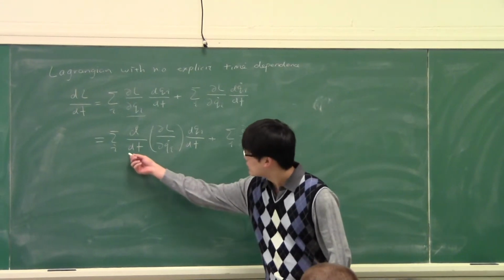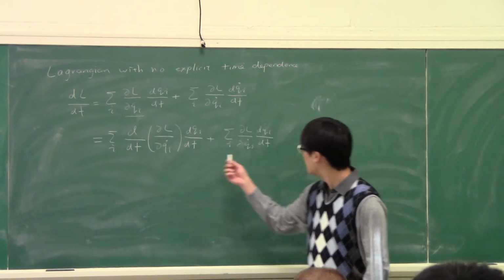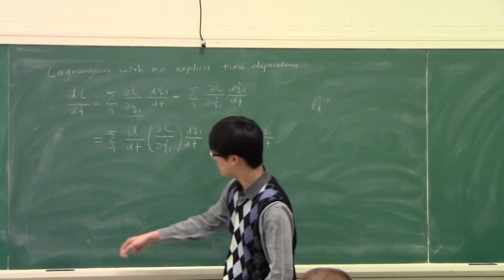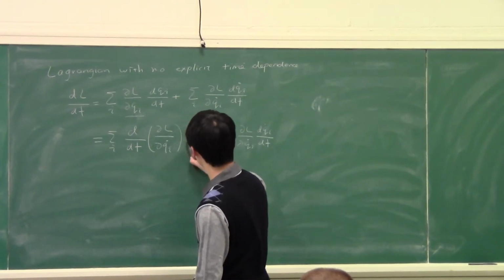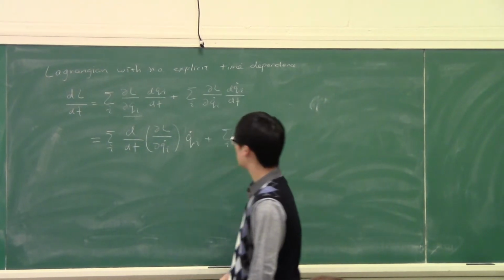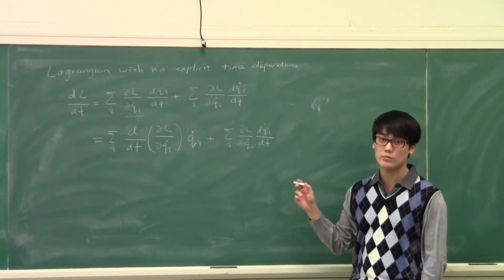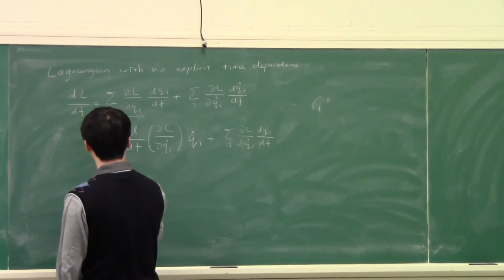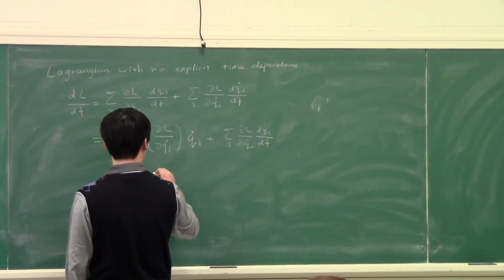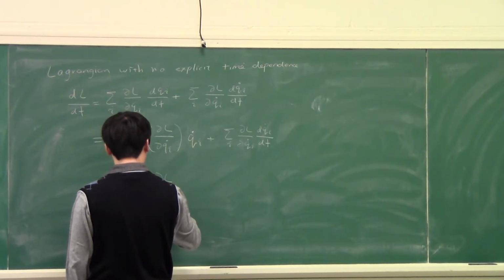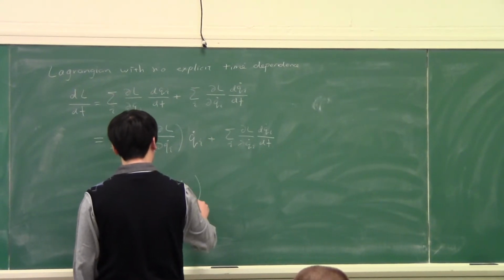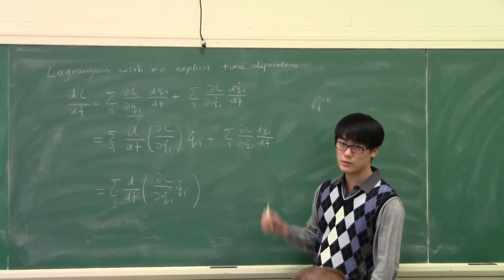And you'll see from here that you should be sensitive about these terms. You see that there's a time derivative of this term here, and then there's a time derivative of this term here. Let me just replace this by q-i dot, so that you see. Now these two terms can combine using the chain rule, and we can combine them into the total time derivative of the product, as you can easily verify by going from here to here.